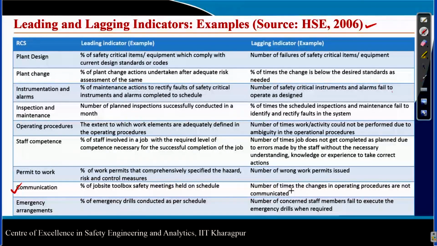If there are some changes, maybe in the operating procedure or in the plant somewhere or some subsystem or component, it should be communicated to the stakeholders properly, otherwise they will not know. If that doesn't happen, then communication as a risk control system is a failure. So this is the way you have to understand risk control systems.